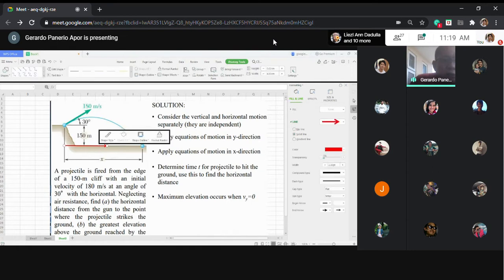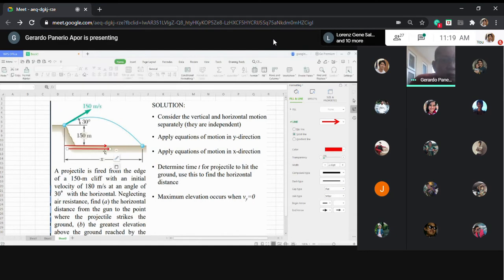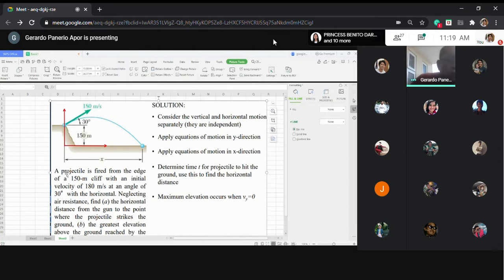And then my Y, I will copy that and then paste. So that's my Y. In such a way that my initial value here is 0, 150.